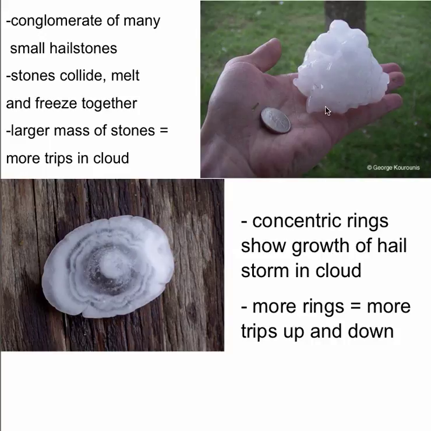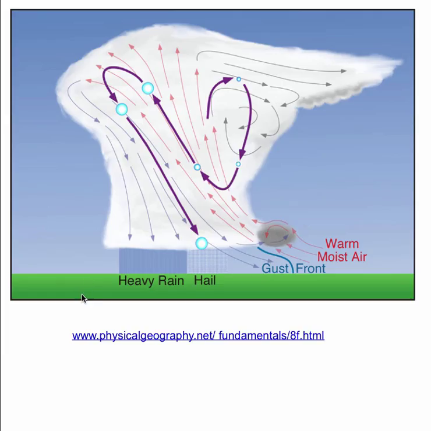Here, these are also pretty common, where there are much smaller stones, but that would be considered a conglomerate of many hailstones. So those stones collide, they melt, and then they freeze together, they melt, and they refreeze, and they pick up more. Here's just another diagram where you can see how that hail can be pulled up into the thunderhead, and eventually it gets too heavy for the cloud to hold on to it, and it falls.